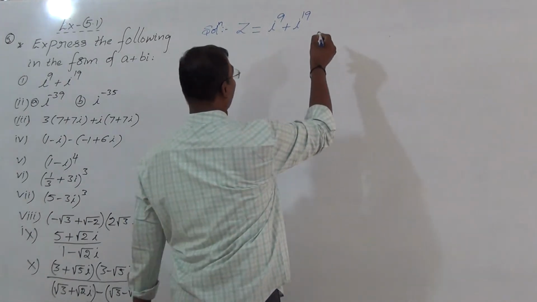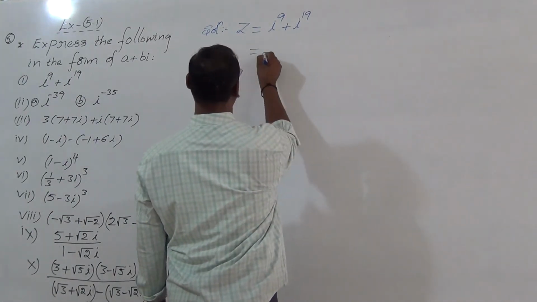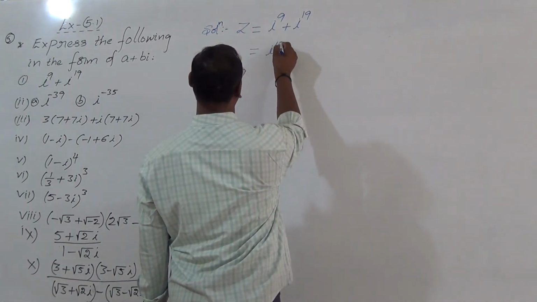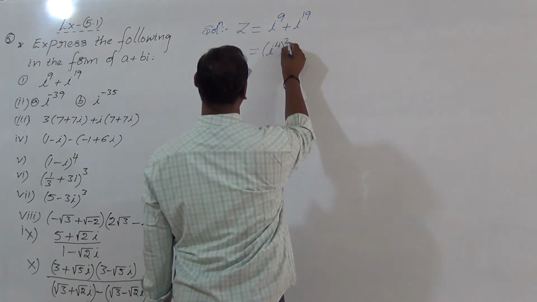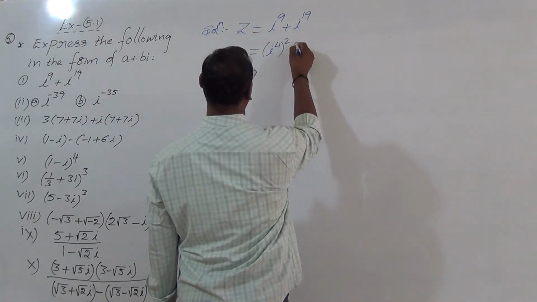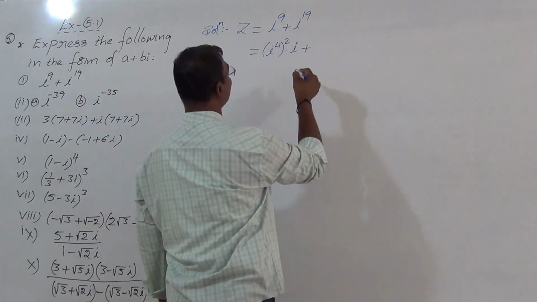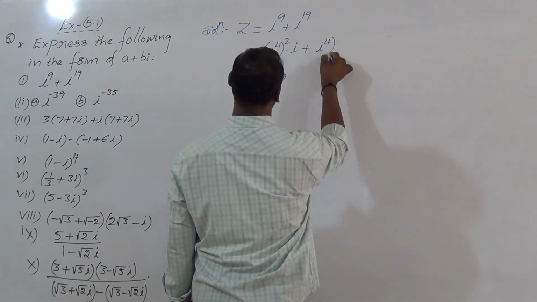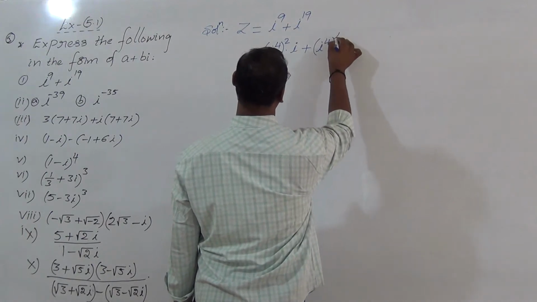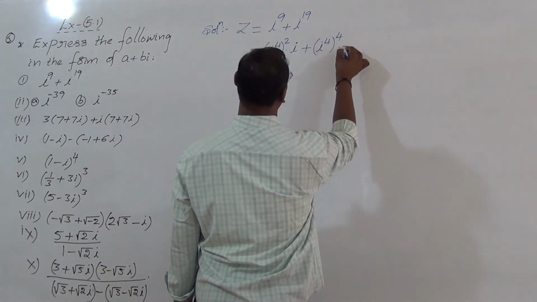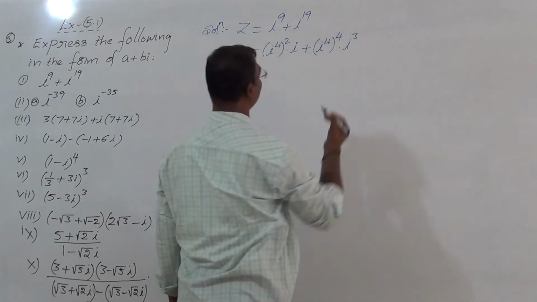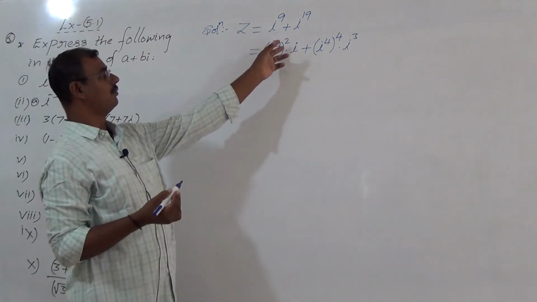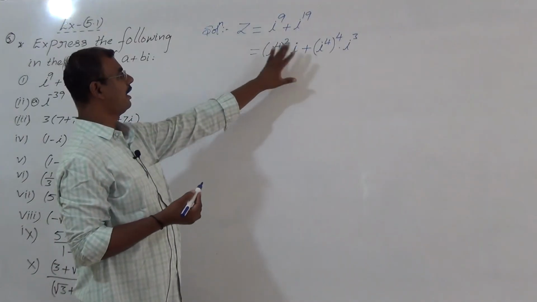I raised to 9 can be written as I raised to 4 whole square into iota, plus I raised to 19, we should write I raised to 4 whole raised to 4 into I raised to 3. So using the fourth table, we can write like this.